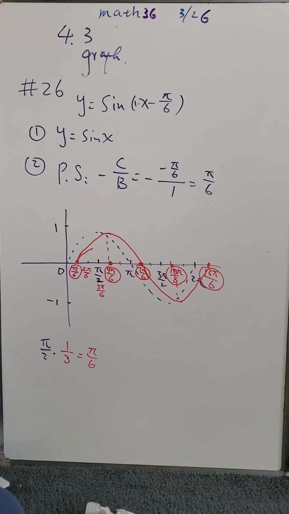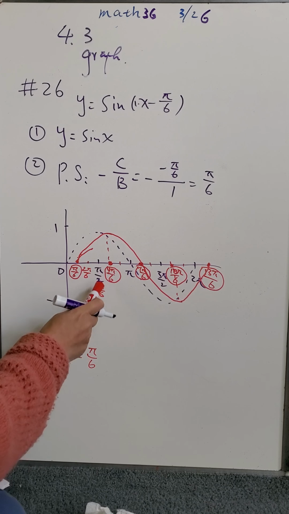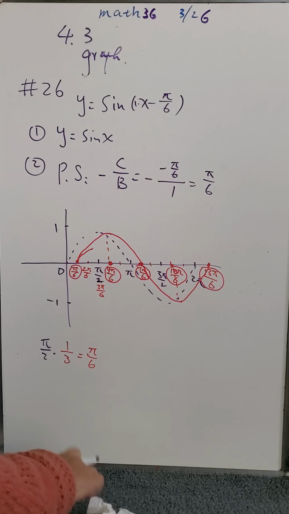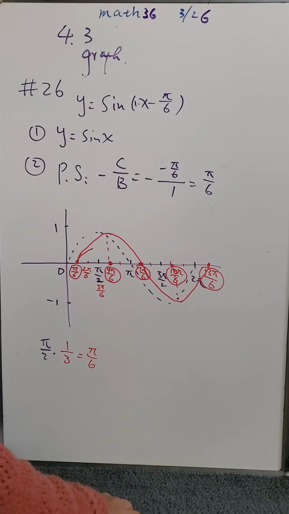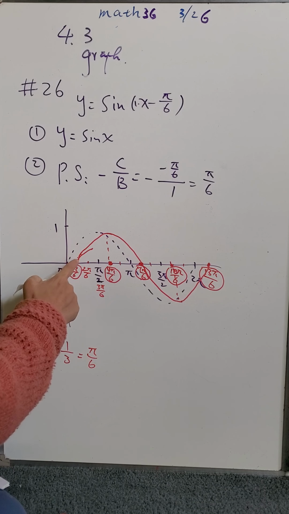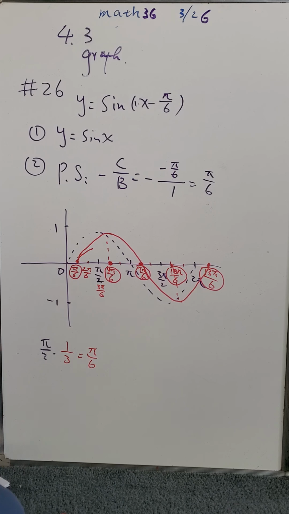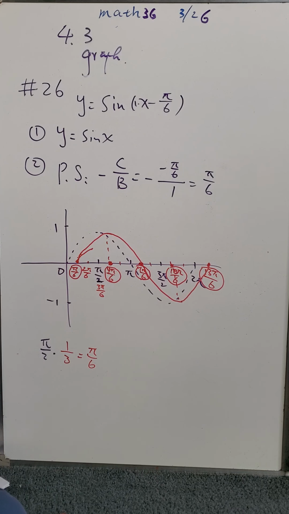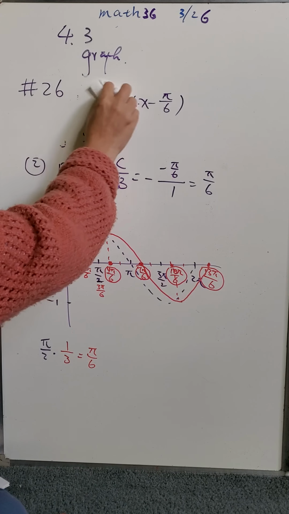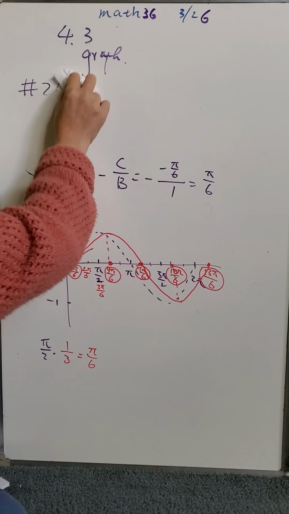You just look at how you go from here to here. Pi over 2 to pi over 6 is times 1/3. That means you divide each portion, you divide this by 3 units, because 1/3 is the same as dividing by 3. So that's for number 26.